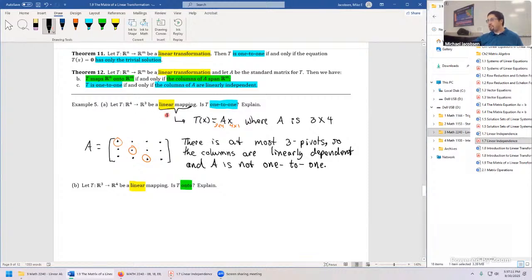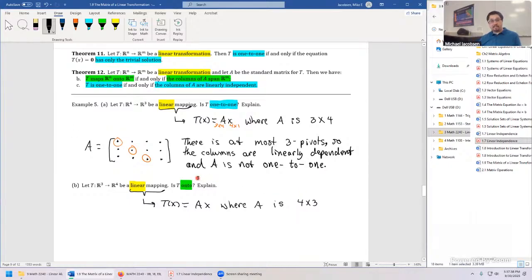Really, it's just a redo of the same kind of idea. We're just going to flip around these dimensions. So if we have the transformation as linear, then this implies T of x can be defined as A times x, where A is, this time, 4 by 3. So flip around the dimensions you see here, and that's the size of your matrix.